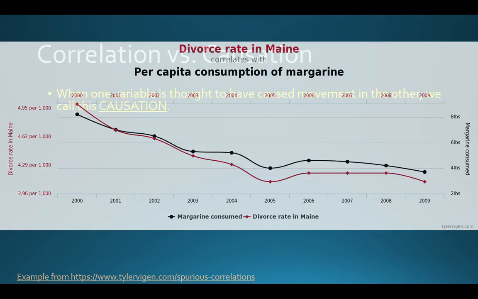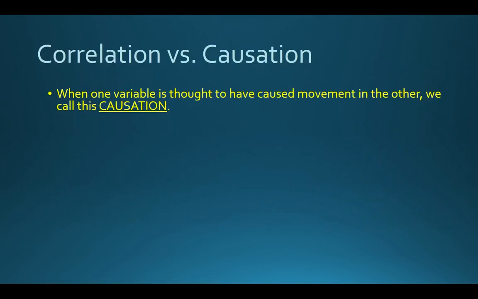You get the idea. So when one variable is thought to have caused movement in the other, then we call that causation, right? When one causes the other to move. When they're related, they move in the same or opposite direction, that's correlation.